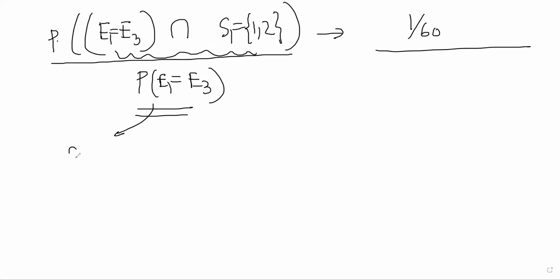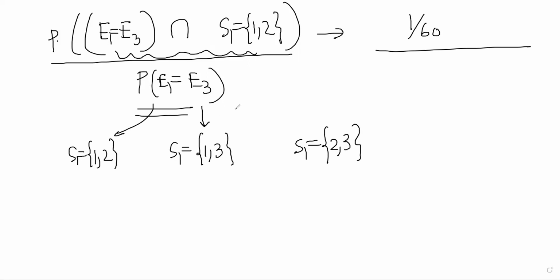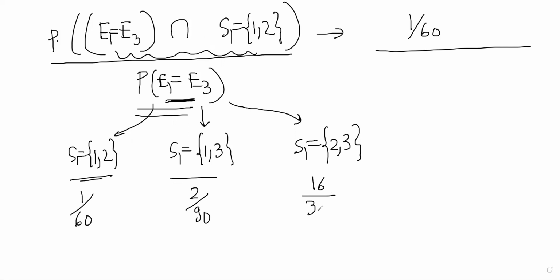This can happen when S1 was 1, 2. This can happen when S1 was 1, 3. And this can also happen when S1 was 2, 3. And for each branch, the individual probability of getting E1 equal to E3 we had calculated. This one is simply 1 by 60, which is there in the numerator. This one we calculated as 2 by 90. And this one came out to be 16 by 360, which we just now did for branch 3, right?